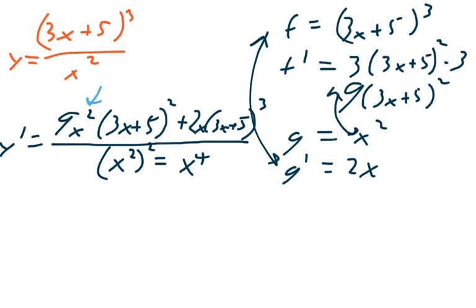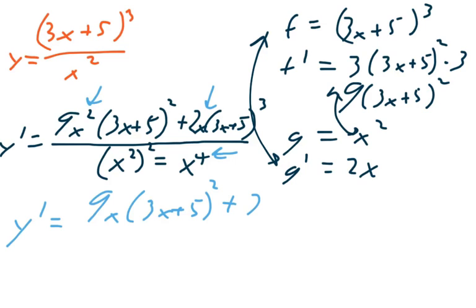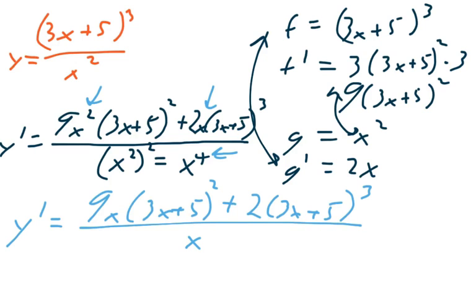Now they all have an x in common, so I got 9x times 3x plus 5 squared plus 2 3x plus 5 to the 3rd over x to the 3rd.